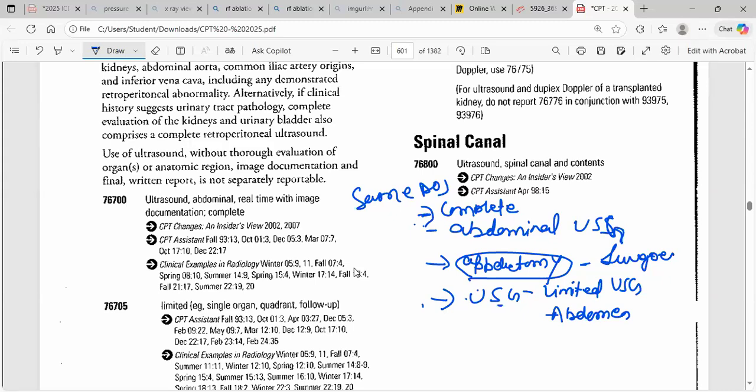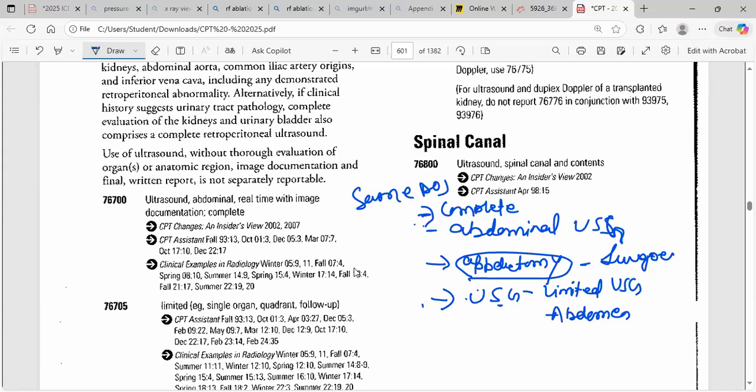Tell me how we are going to build this. Two ultrasounds performed in the same session by the same provider on the same date of service. Ma'am, can we add codes for both complete and incomplete?